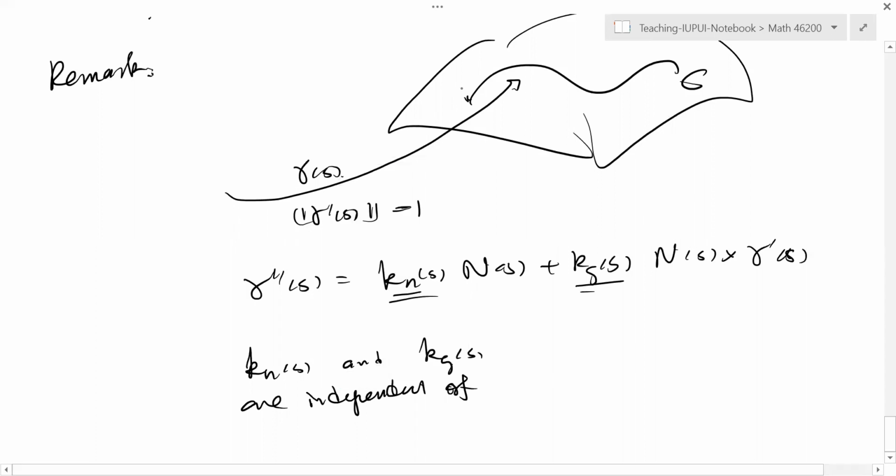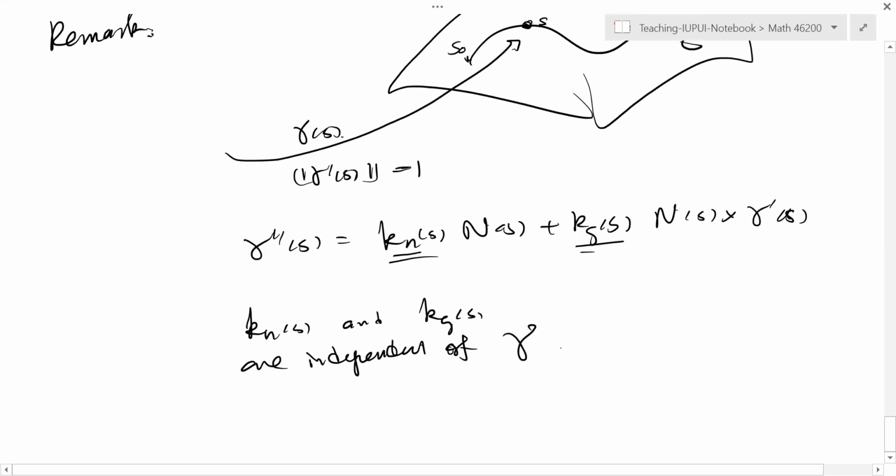If this is your starting point, this is s, that's a unique gamma(s).